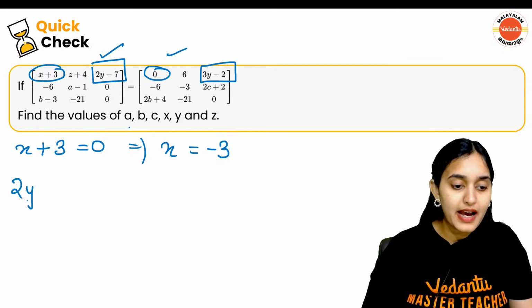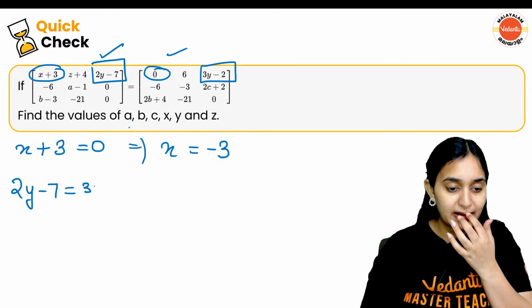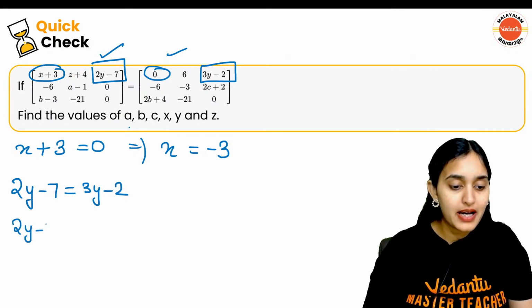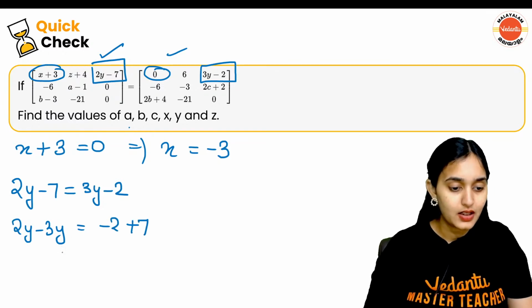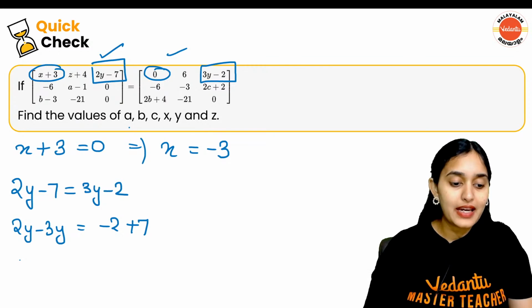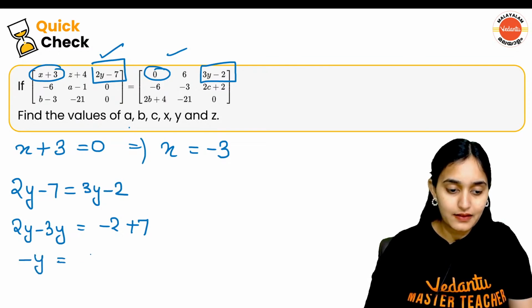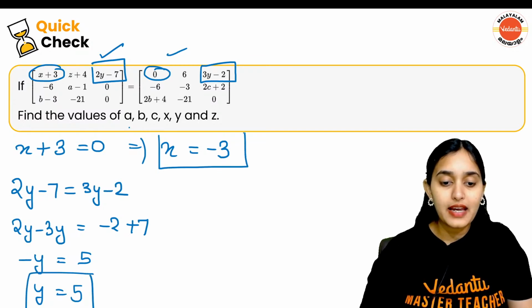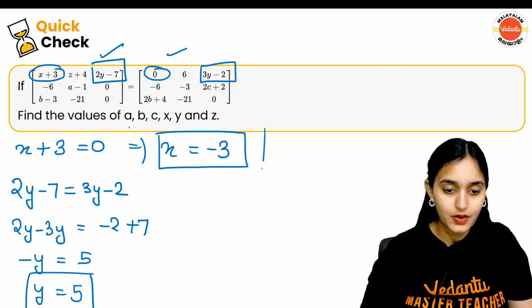So 2y minus 7 is equal to 3y minus 2. So this implies that 2y minus 3y is equal to minus 2 plus 7. 2y minus 3y is minus y is 5. So y is equal to 5. So secondly, y is equal to 5, x is equal to minus 3. Okay.